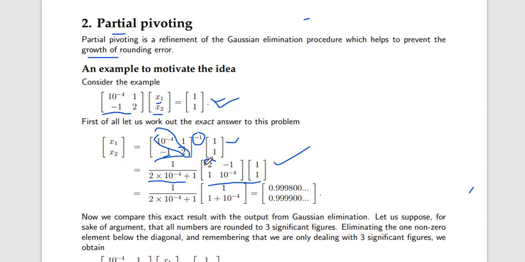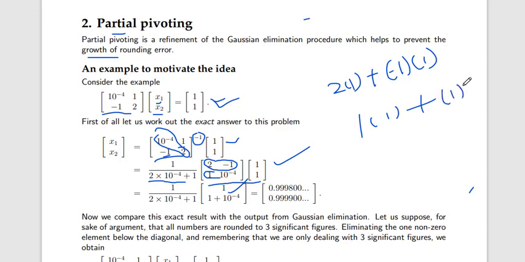First row and first column, so 2 into 1 minus 1 into 1, so this will become 1. Then second row and first column, 1 into 1 plus 1 into 10 raised to minus 4.